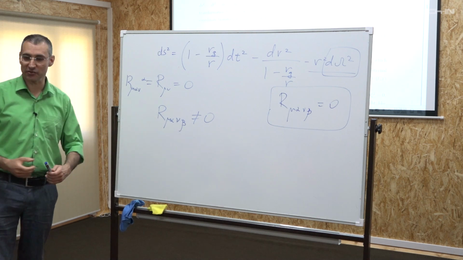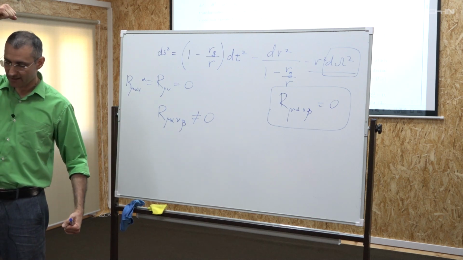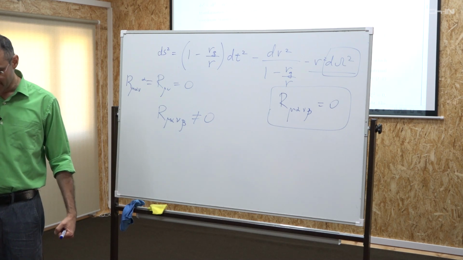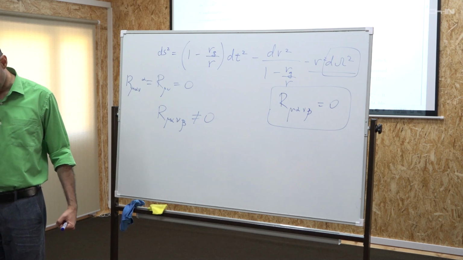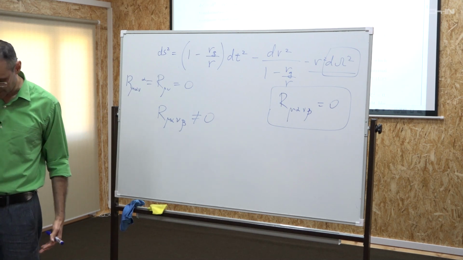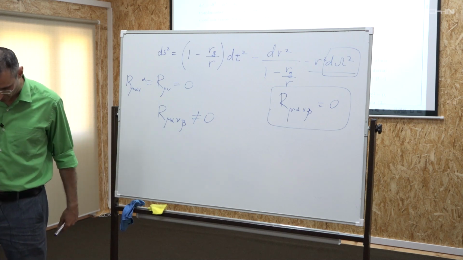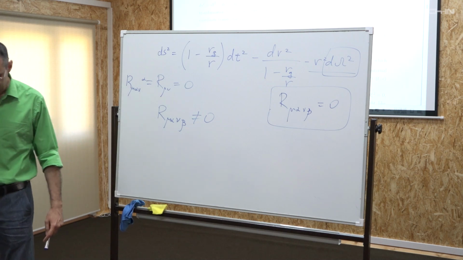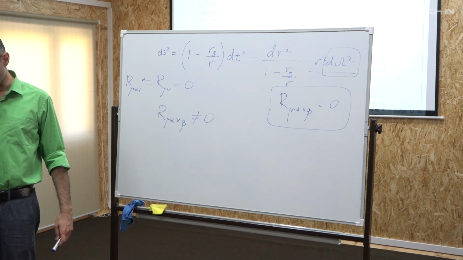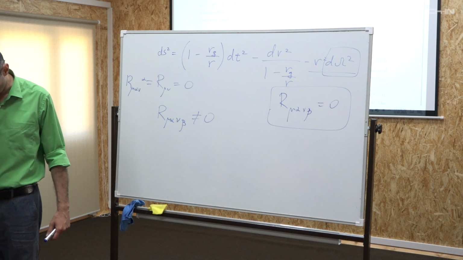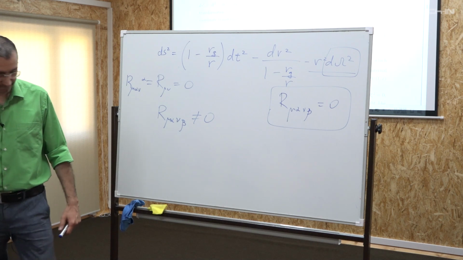This tensor tells you the strengths of the tidal forces. If you are in free fall in Earth's gravity, the tensor tells you the difference between the attraction to Earth of your top and bottom.